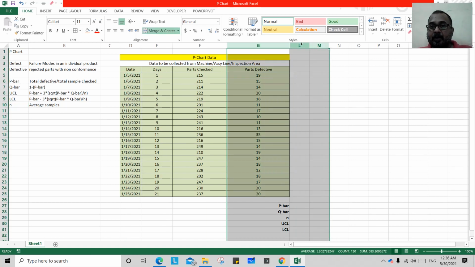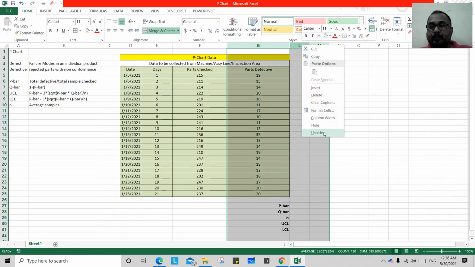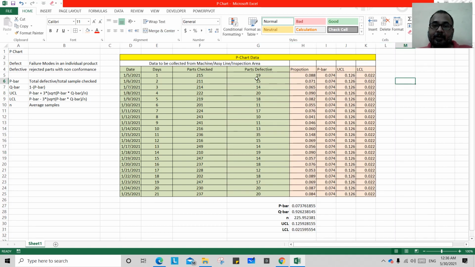So I have calculated this here. This is my total checked parts on a daily basis. This is my total defective found date wise. This is the proportion per day.